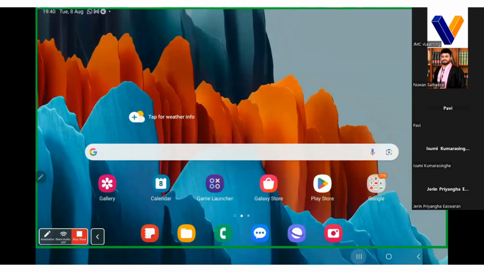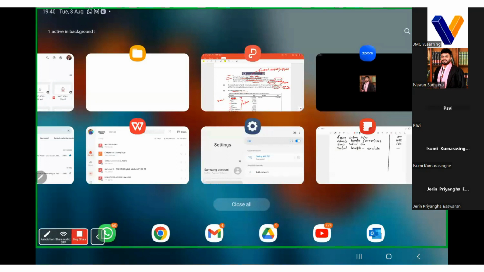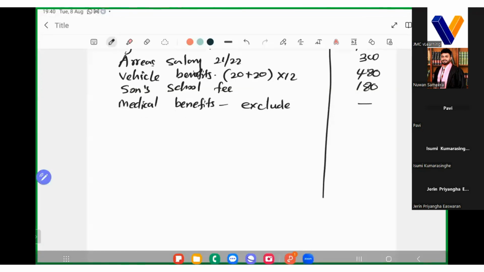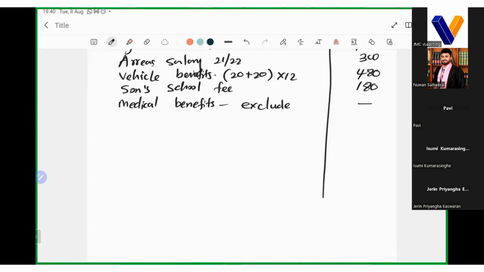But in this case, they have indirectly given it: the benefit received from a common scheme. The common scheme means there is an equal policy. So that's why we do not take that as a benefit.